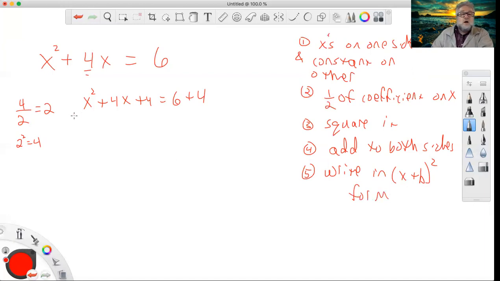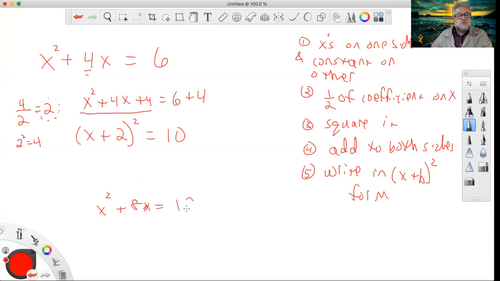So when I did this, when I took half of that number and then squared it, I forced this thing to be a perfect square. And the perfect square is going to be x plus whatever this number was, squared, equals 10. So if this was x squared plus 8x equals, I don't know, 12.